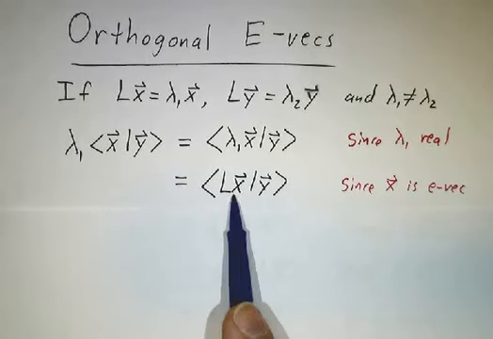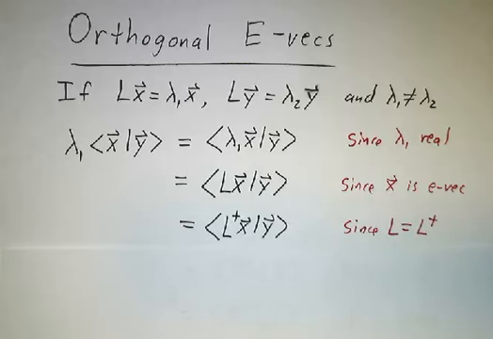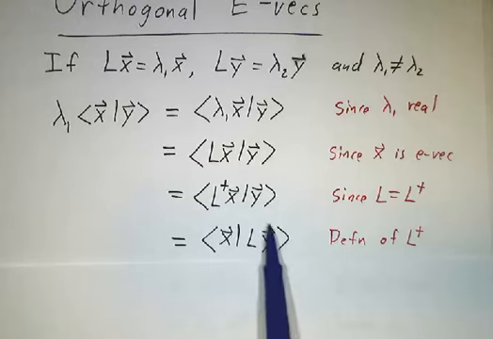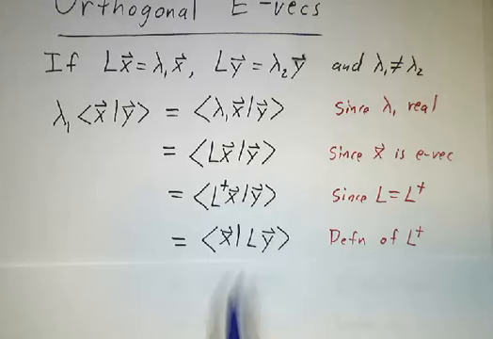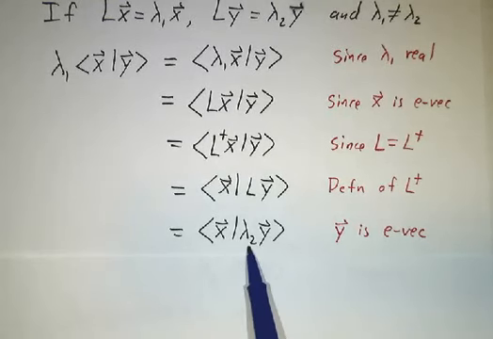And that's Lx inner product with y. But that's the same thing as L dagger x, because L and L dagger are the same. But L dagger applied to x, inner product with y, is the same thing as x with L applied to y. And L applied to y gives you a factor of lambda 2.